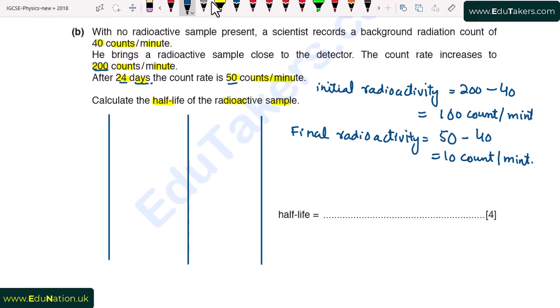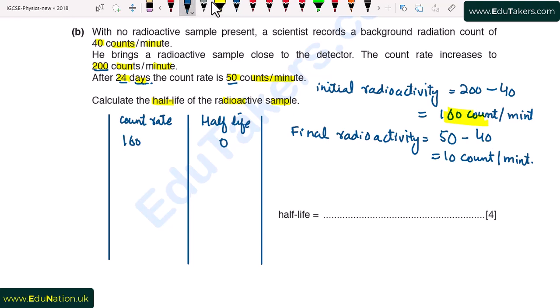So it is count rate and this is half-life. So when counts are 160, half-life is 0 because this is the initial count rate.